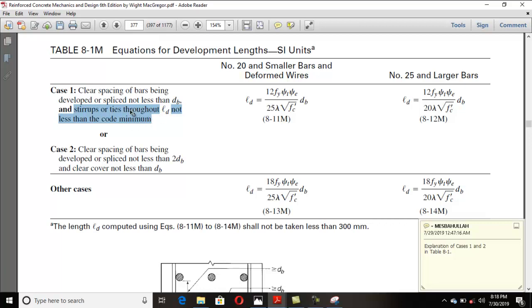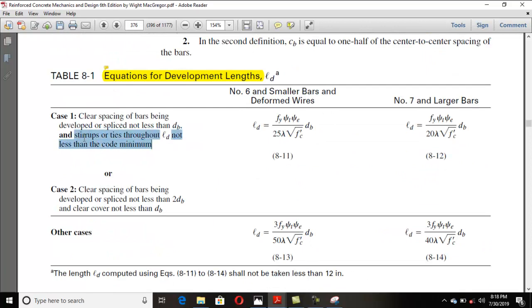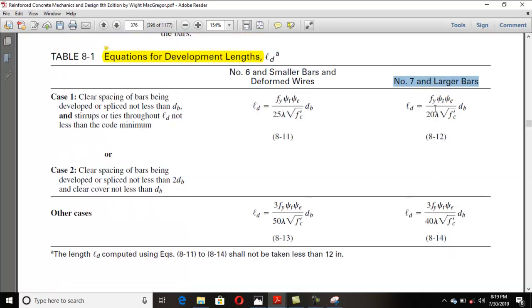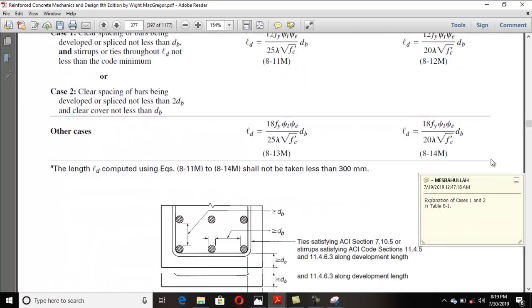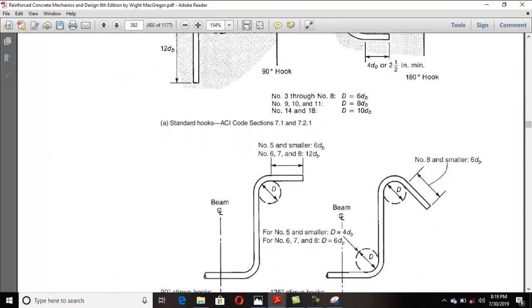If they fulfill these criteria, you can use this case 1. So we will check if this criteria is fulfilled, then we will use it. If this criteria is not fulfilled, we come to case 2. Clear? And we have to use this formula because our main steel reinforcement is larger than number 7, that is number 8. So we will use this formula. Okay, so let's check the example, what is given to us in that example.